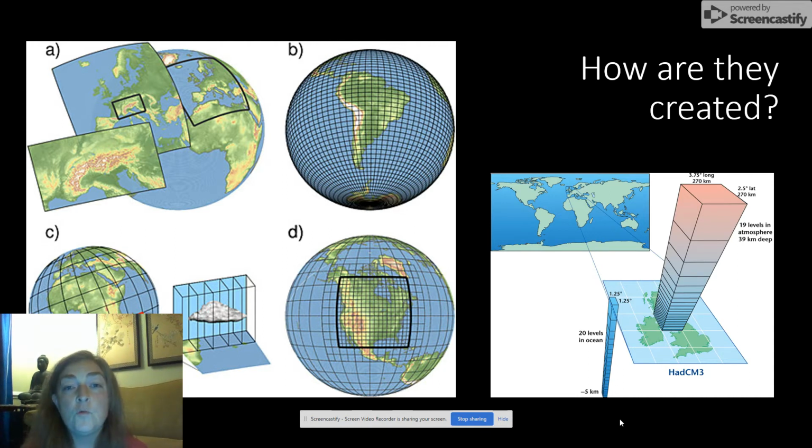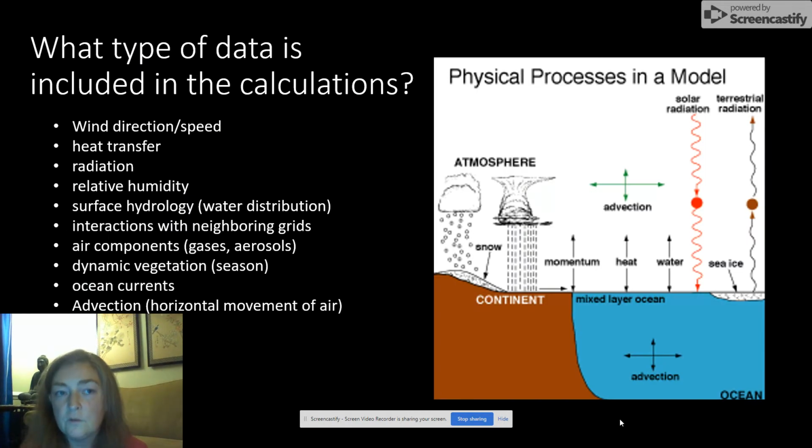data. So you might be asking, what type of data do we use to put into these very complicated mathematical equations? And the type of data that we use might be wind speed and direction, heat transfer, radiation, relative humidity, surface hydrology, which is how the water is distributed at the surface of the planet, interactions with neighboring grids, meaning how are those data points related to the data points of neighboring grids, so grids next door.